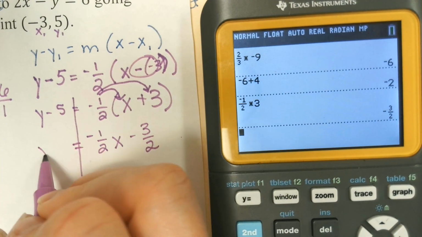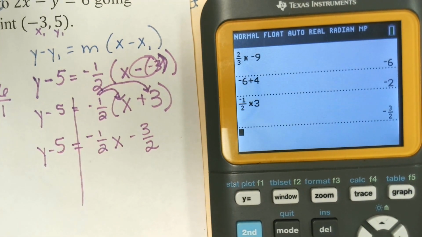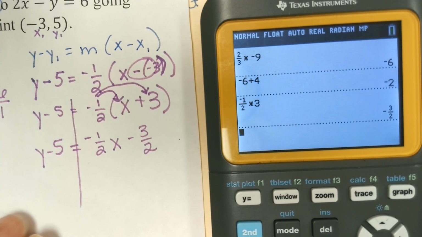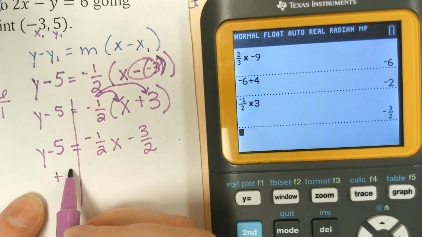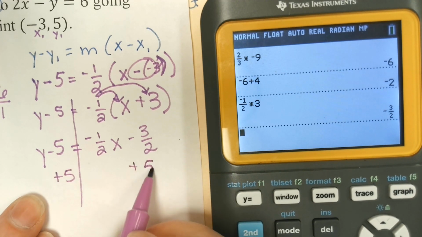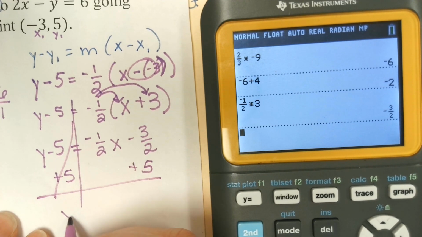And then carry down the left side. Fractions are just numbers, so don't be scared of them. And we still need to get y by itself, so what do we need to do? Plus 5 to both sides underneath the constant term.